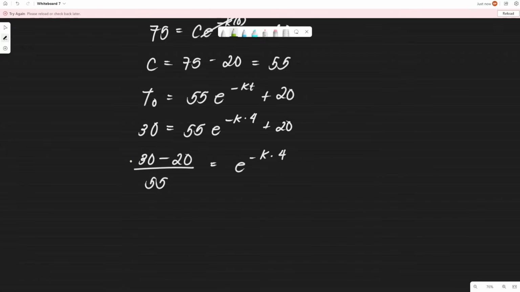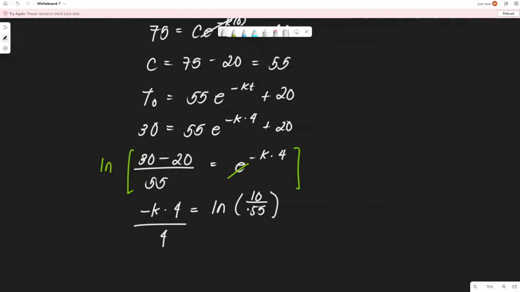Applying the natural logarithm and the ln e property, the e cancels, so negative k times 4 equals the natural logarithm of 10 over 55. I didn't use a calculator for that. Divide both sides by 4. Remember, we are getting negative k.